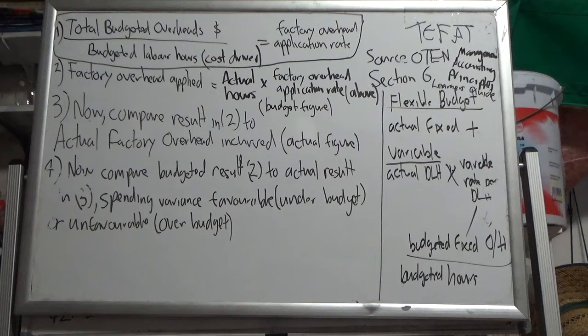So you know the actual factory overhead incurred, the actual result. You've got the budget figure, which is actual hours times your rate in step 1. If the actual factory overhead incurred is greater than that multiplication, say it was a 20,000 difference, it's actually favourable.